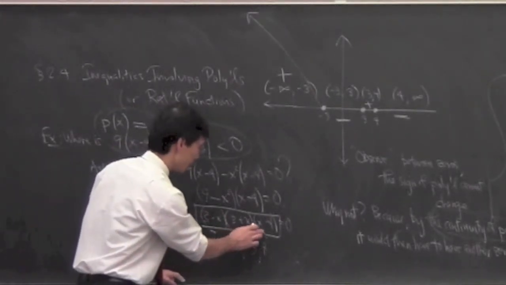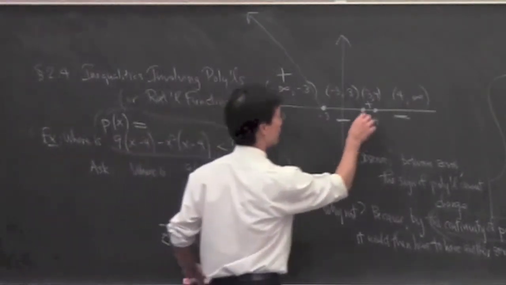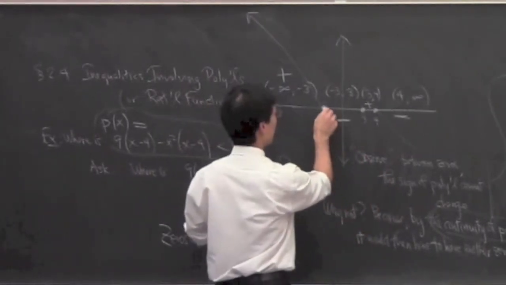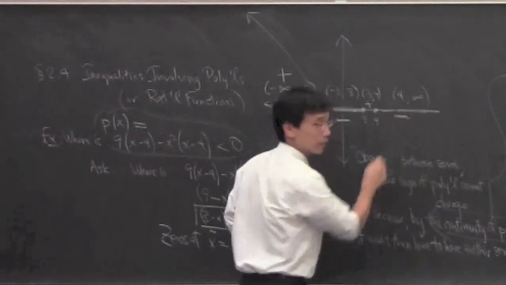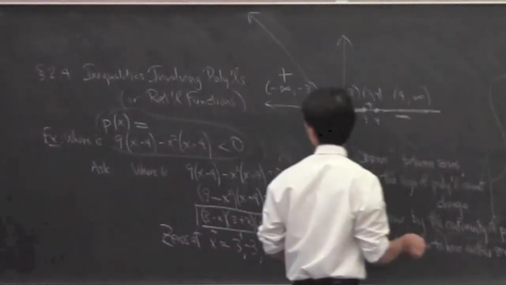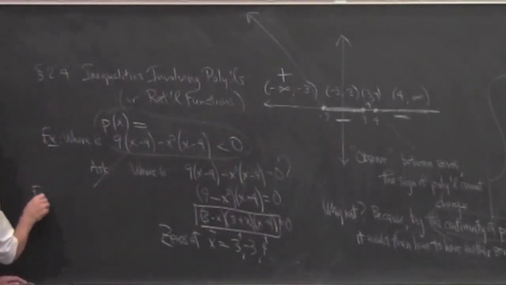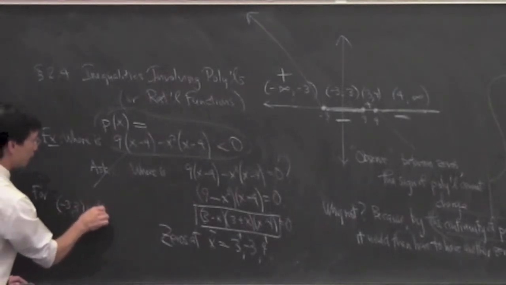And this is positive, and this is positive. Sorry. So the answer is then between negative 3 and 3, and between 4 and infinity. Thank you. So where is this true? Well, for x in negative 3 to 3, and 4 to infinity.